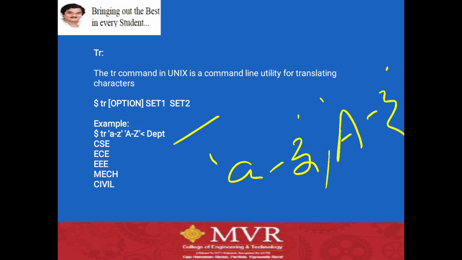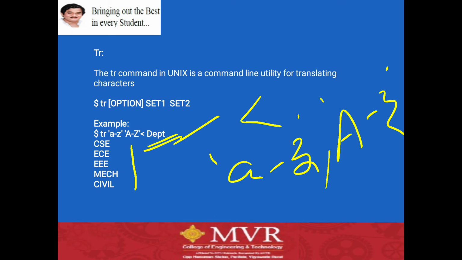After that, there is also a less than symbol that I have used. That is, we are feeding the input from which file? The department file. So we need to convert all the lowercase letters to uppercase letters in the department file. Suppose all these departments were previously in lowercase letters, now those are converted into uppercase.